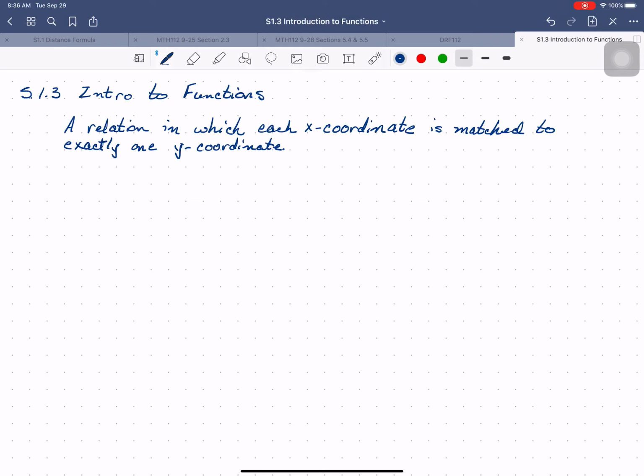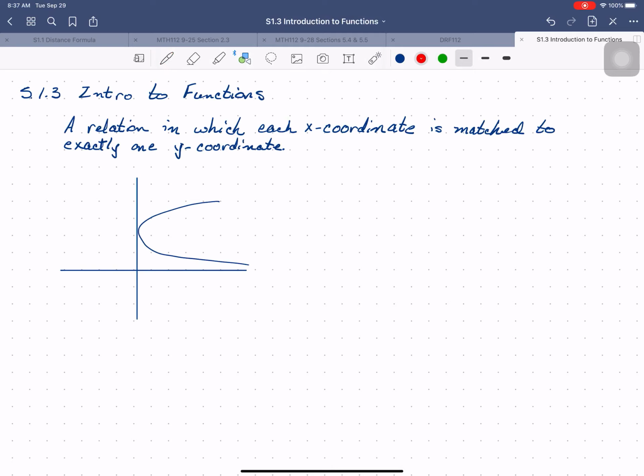And one way to test this is with something we call the vertical line test. So for example, the relation that is a circle, well, let's do a sideways parabola. So this is a perfectly valid mathematical relation. It's not a function. And how do I know that?